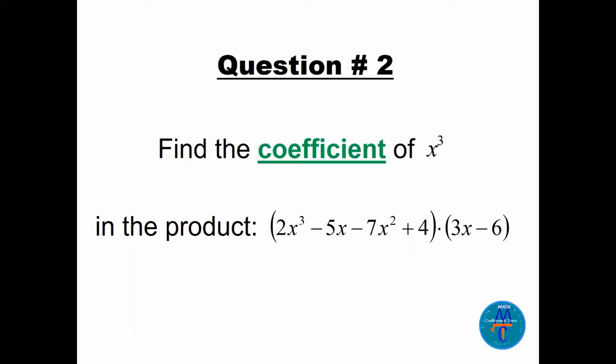See here, if you multiply this and this, 2 brackets here, you will get x to the power 4, x cubed, x squared, x and a constant. Find for me the coefficient of x cubed, just the coefficient of x cubed. Pause it, please, and then tell me the answer. Ready?